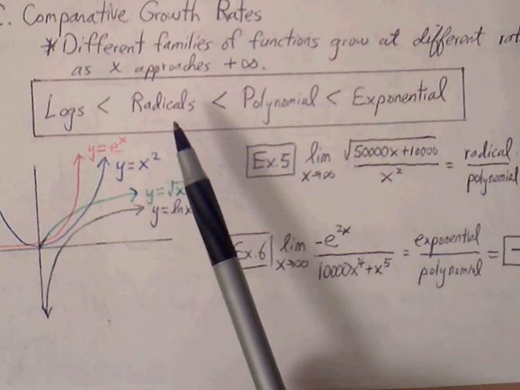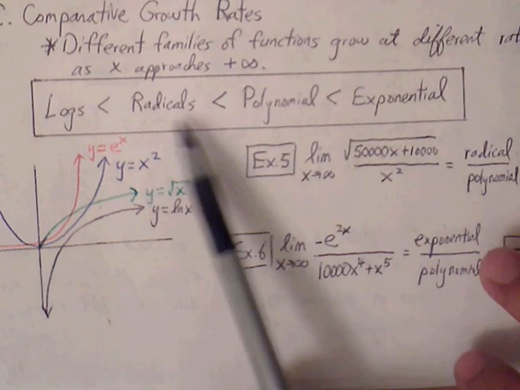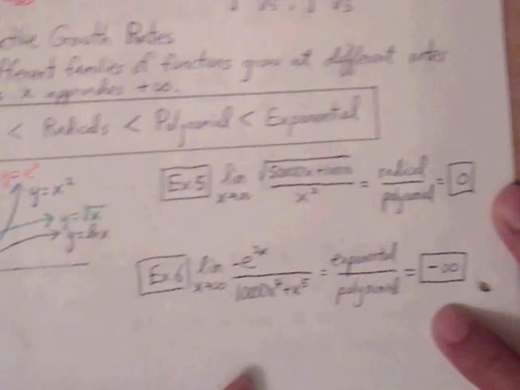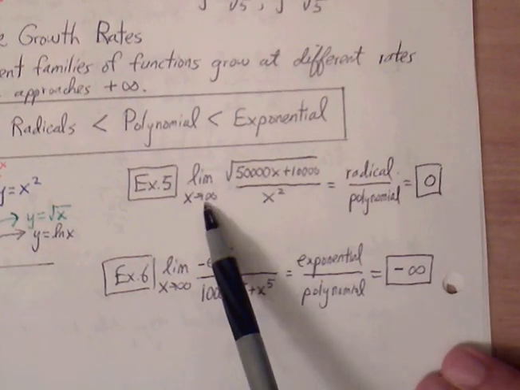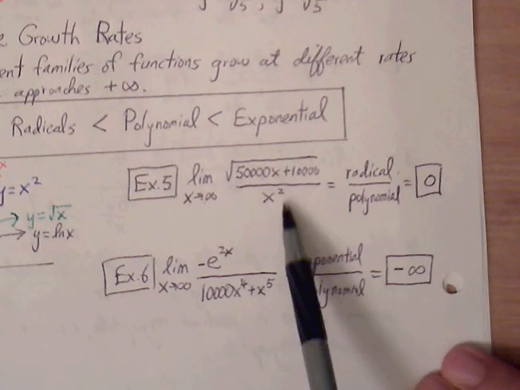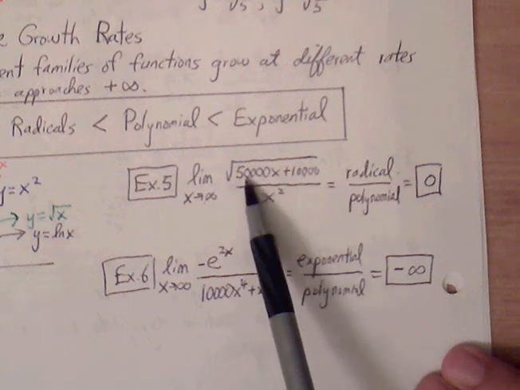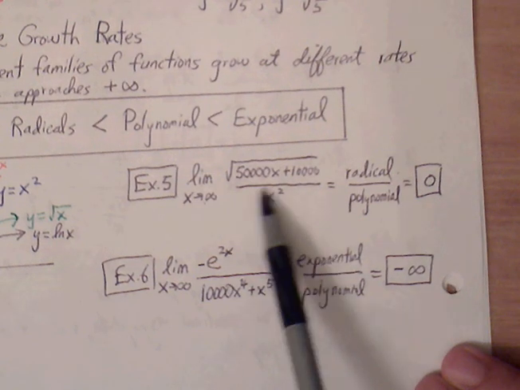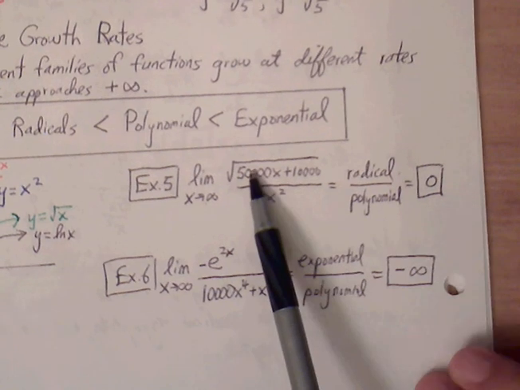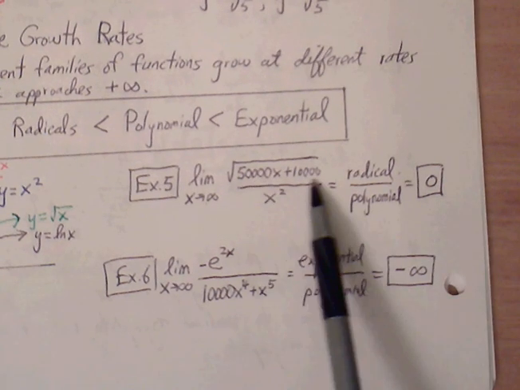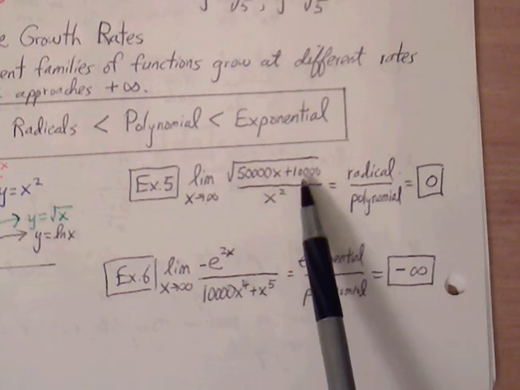So in example 5, we have limit as x approaches infinity. We have two different types of functions: one family being radicals on top, and the bottom being polynomial. Now, this radical function is going to start off a lot larger than this polynomial. However, the polynomial will eventually catch up.